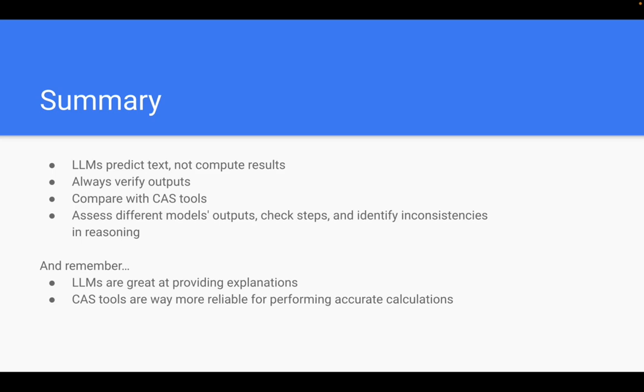Compare with CAS tools. Use Wolfram Alpha or other CAS tools to check for accuracy. And make sure to debug errors carefully. Assess the different models' outputs, check the steps, and identify any potential inconsistencies in reasoning. And remember, LLMs are great at providing explanations, and CAS tools are way more reliable for performing accurate calculations.